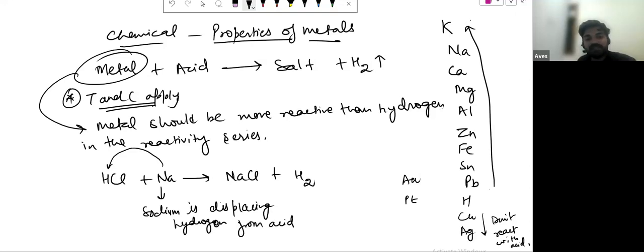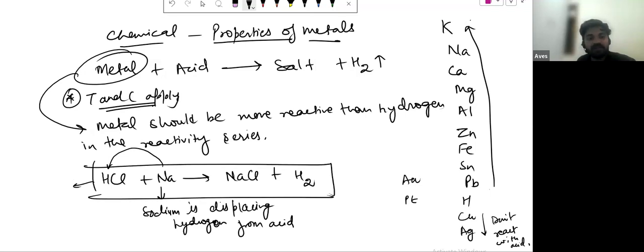So what is this? This is a type of displacement reaction. You know what a displacement reaction is?